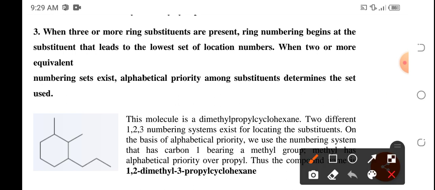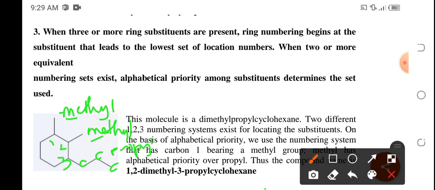So for this case, this is carbon number 1, 2, and 3, but there's only one carbon atom here, so that is methyl. Same is true for this one, that's methyl. This has 3 carbon atoms, so therefore this is propyl. So alphabetical listing, M has priority over P. So therefore 1, 2, dimethyl.